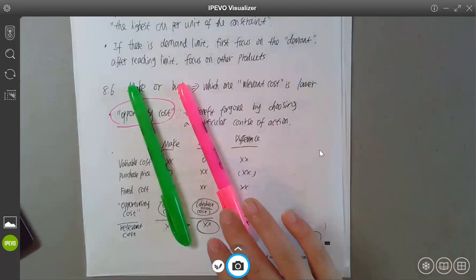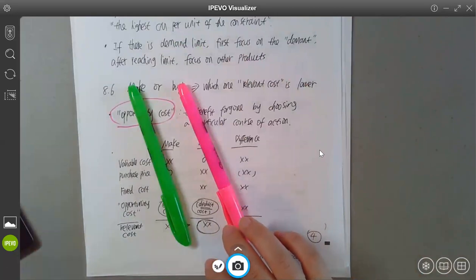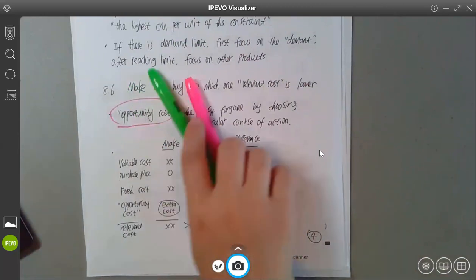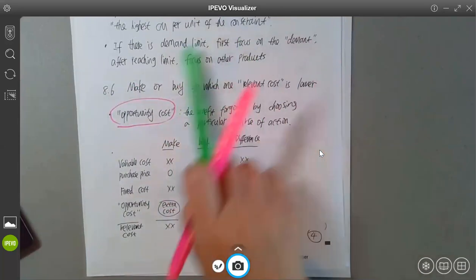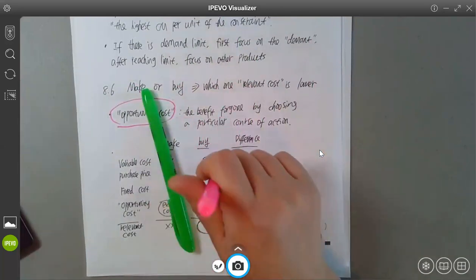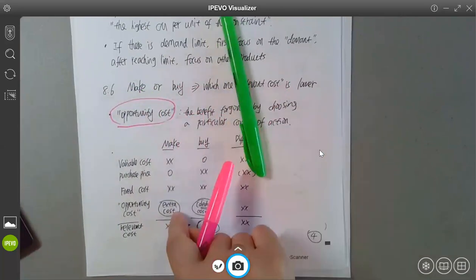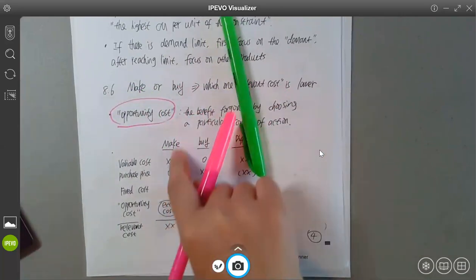That $5 will be your opportunity cost. There are two different methods to take care of opportunity cost. It's the extra cost of make. Because you make this green pen, you will lose the $5, so $5 will be an extra cost under make.